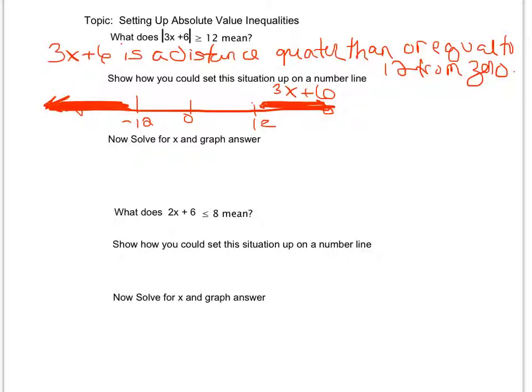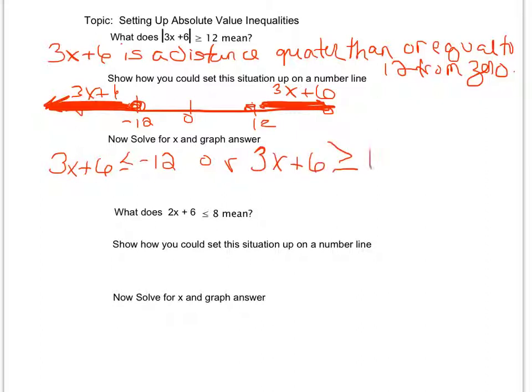Because if I'm further back than negative 12, aren't I then also a distance of more than 12 from 0? So what I'm seeing here based on my visual representation is that 3x plus 6 can either be, and I should have had closed circles here because of the line underneath, less than or equal to negative 12, or 3x plus 6 can be greater than or equal to 12.